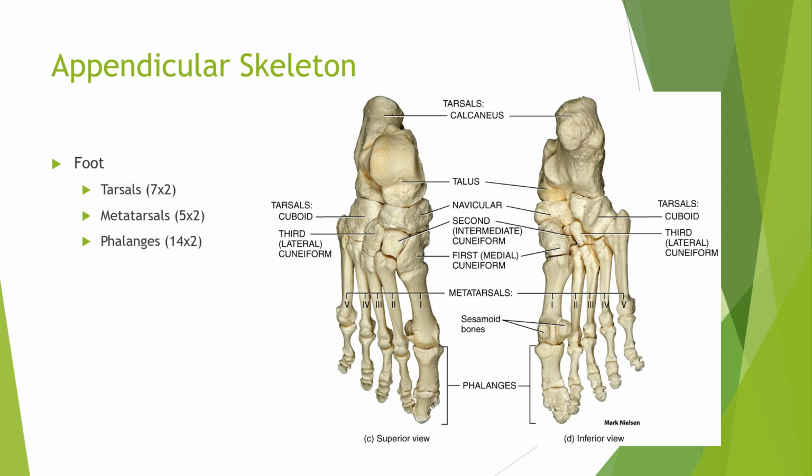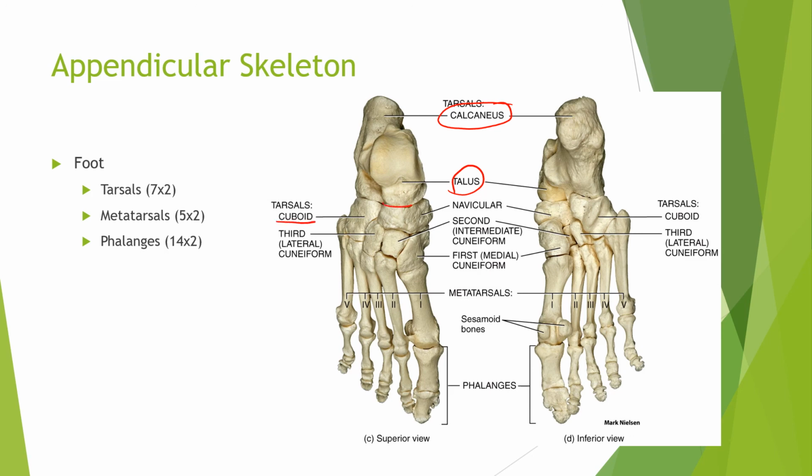The ankle mortise joint in the foot is made up of the tarsals, the metatarsals, and again the phalanges. We have 7 tarsal bones. The superiormost is known as the talus. The heel bone is known as the calcaneus. Laterally, we have the cuboid.